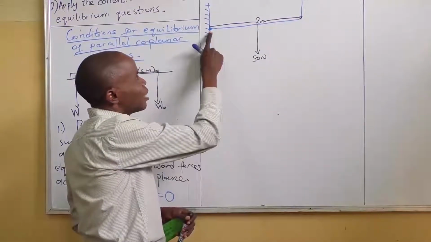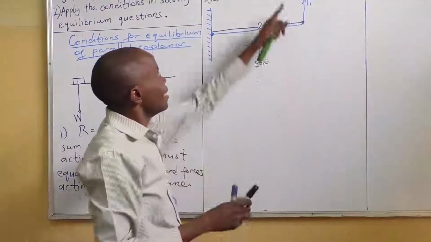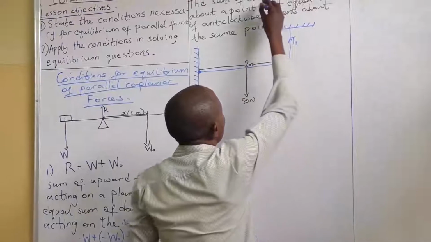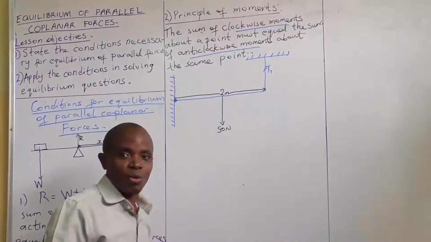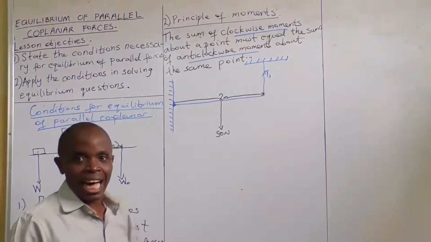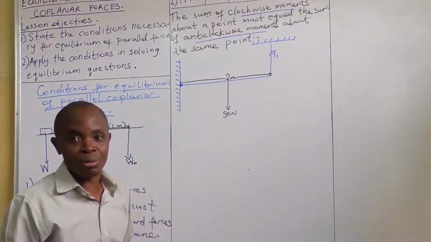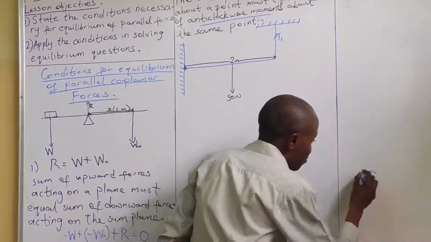If this is our turning point, and we want to apply the principle of moments, there are two key terms you must consider: clockwise moment, anti-clockwise moment. Now the question you will ask yourself is, how do I pick a clockwise moment? How do I pick an anti-clockwise moment? It's easy. Just draw a clock somewhere by the side.